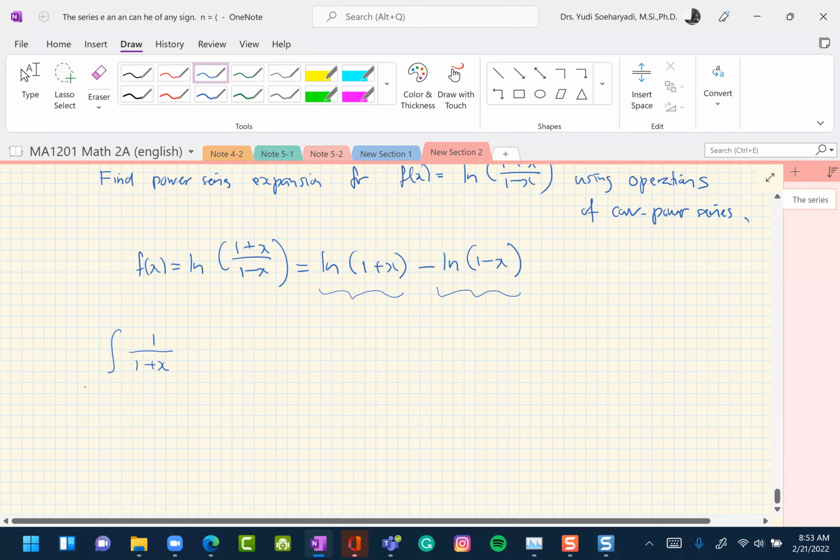If you integrate this one, okay, you get ln of 1 plus x. So this turned out to be the integral of this one.